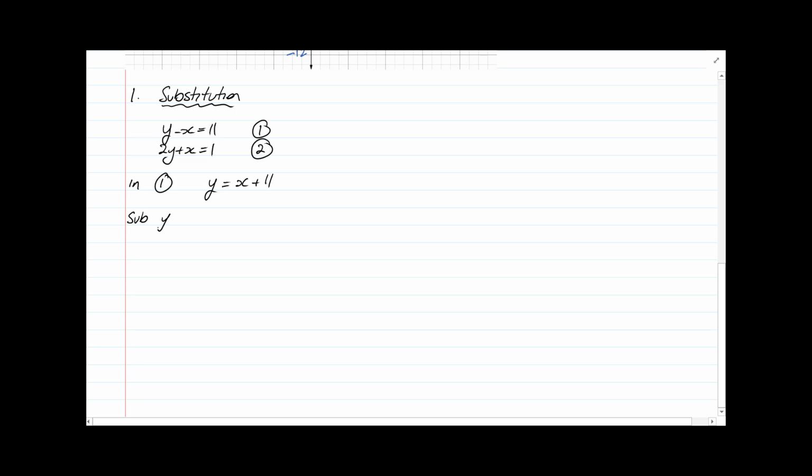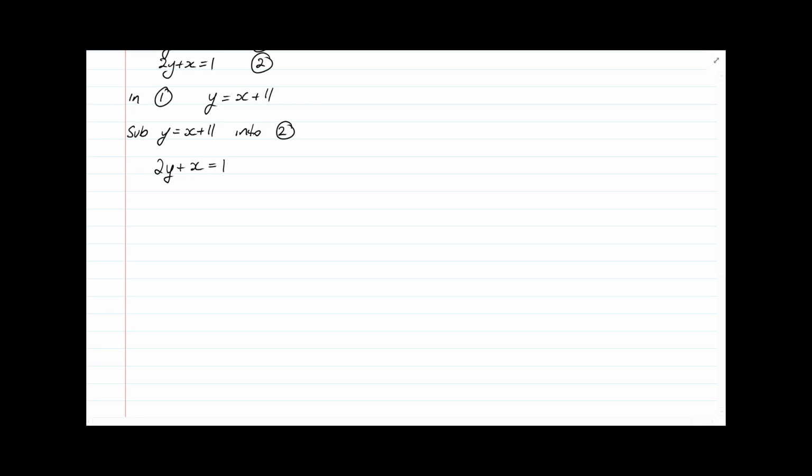Then I'm going to put this into equation number 2. So 2y plus x equals 1 becomes 2 times (x plus 11) plus x equals 1. I'm going to expand to solve this: 2x plus 22 plus x equals 1. So 3x plus 22 equals 1.